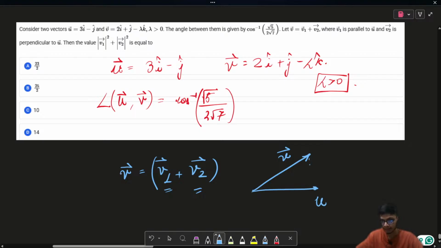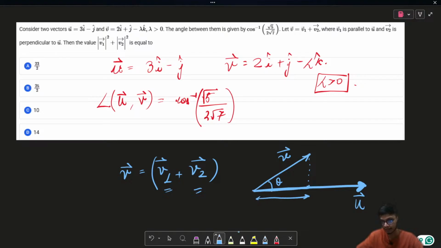One of the vectors is just a simple projection, and this is theta. This particular vector is given as v1 vector, and this particular vector is given as v2 vector. So we have to calculate the magnitudes of v1 and v2, and then compute the final result.